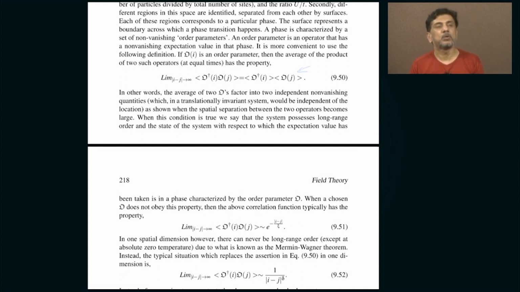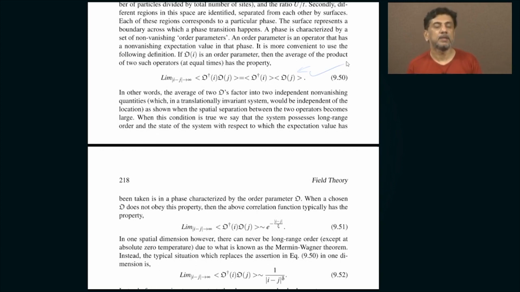So, you can cook up many such operators O i by combining C dagger i up and C i plus 1 down or whatever it is. The question is you have to find one such operator or several such operators which obey equation 9.50.